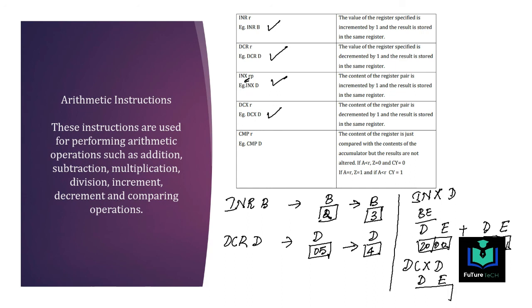For example, before execution, if the value is 2001, after executing the decrement operation the value of the DE pair is decremented by 1, so it becomes 2000.